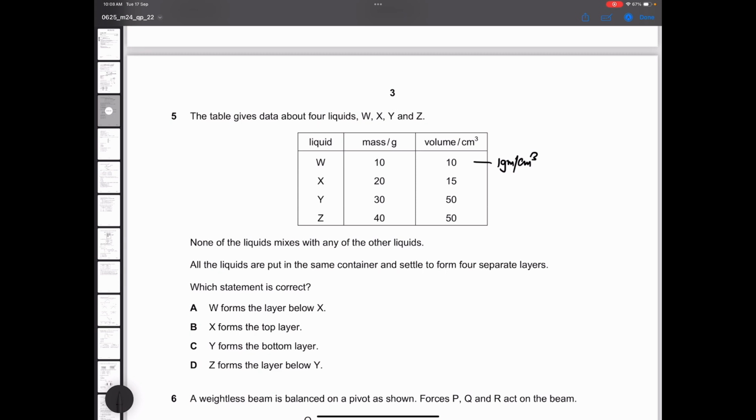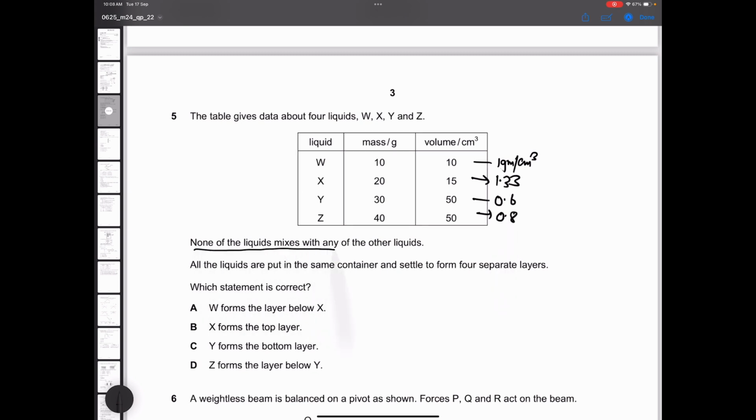Density for X will be 20 over 15, which is 1.33. The density for Y will be 30 over 50, which is 0.6. Density for Z will be 40 over 50, which is 0.8. Now we can simply solve this question.